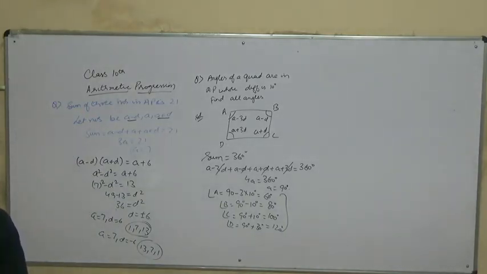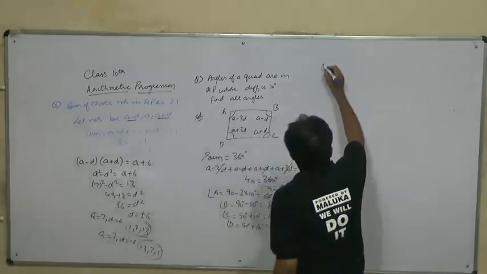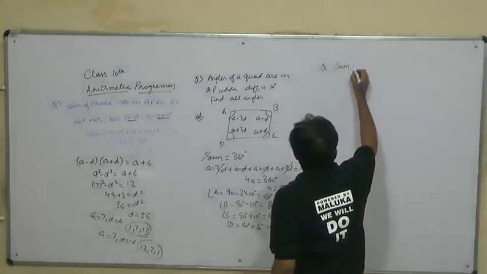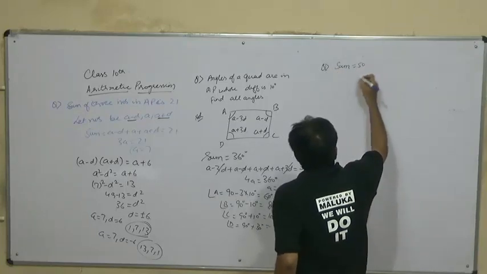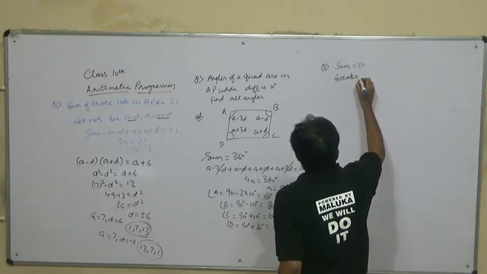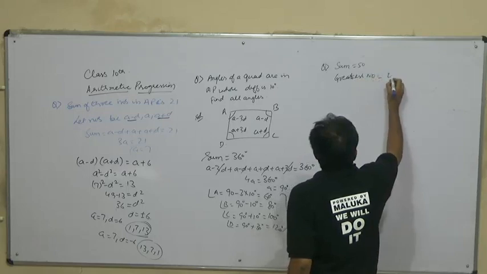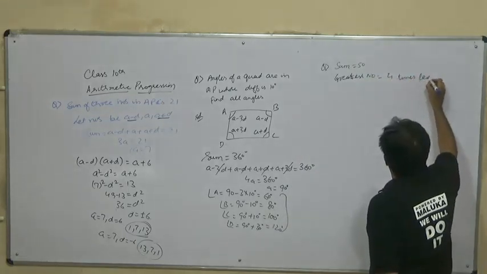Then next is find 4 numbers in AP whose sum is 50 and the greatest number is 4 times the least. Again a question on 4 numbers. Sum is equal to 50 and greatest number is equal to 4 times the least number.